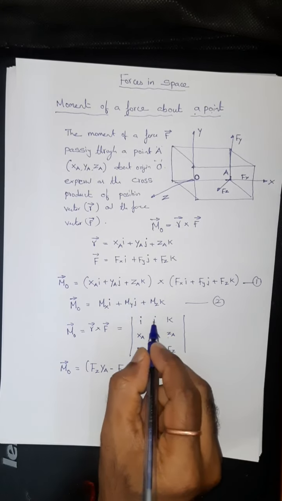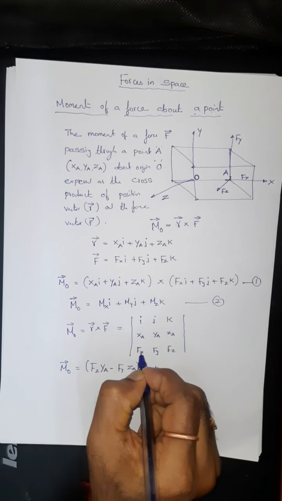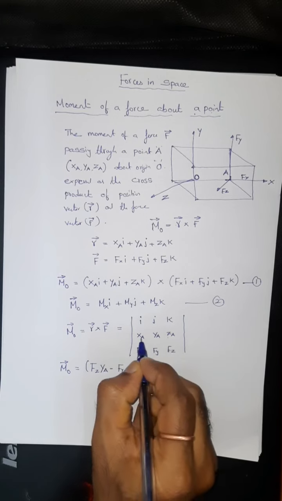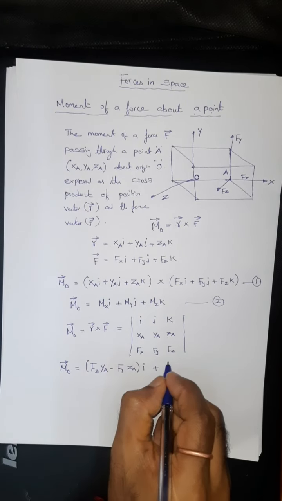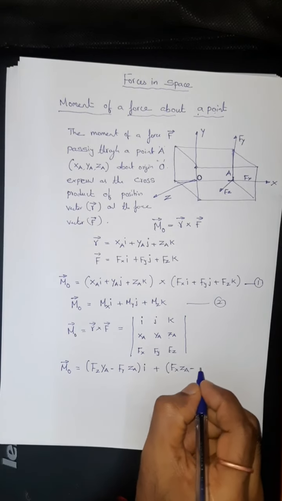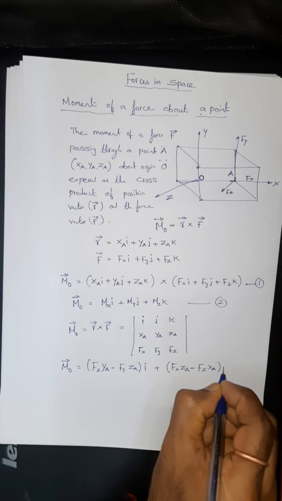Next, for the j component, it would be Fx into zA minus Fz into xA. This is for the j component.